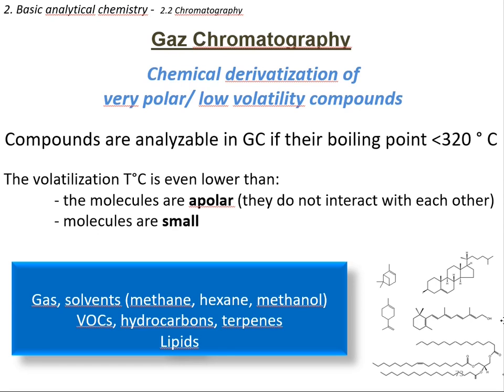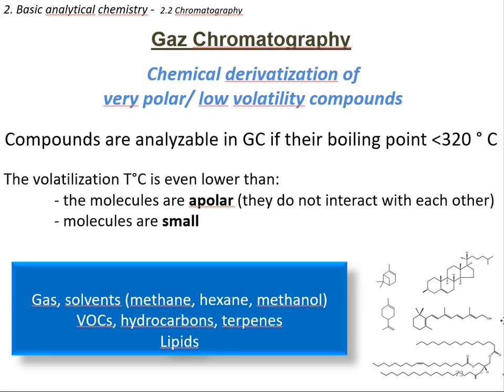The less polar, the lower the temperature of volatilization, because molecules that do not interact with each other, because they are non-polar, are more easily volatilized than molecules that interact with each other, because you have to overcome the energy of interaction. And if the molecules are small, they will be much more volatile.